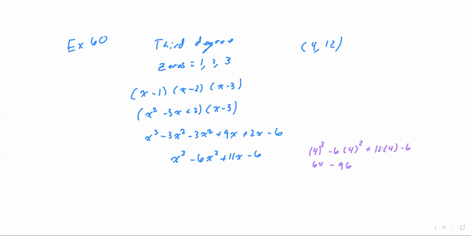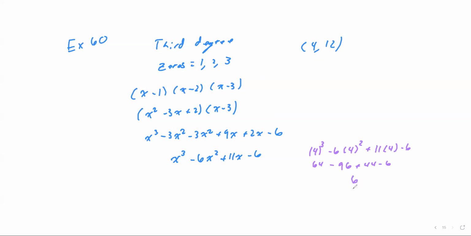That'd be just 44, minus 6. All right, hold on, I don't want to make a mistake. So this will be 64 − 96 + 44 − 6, and that just gives me 6.